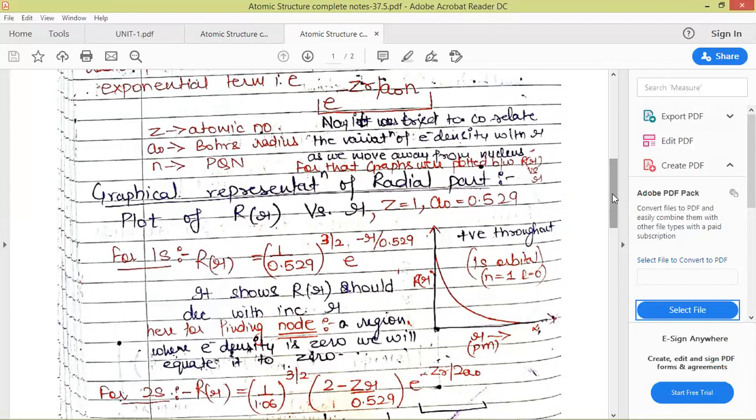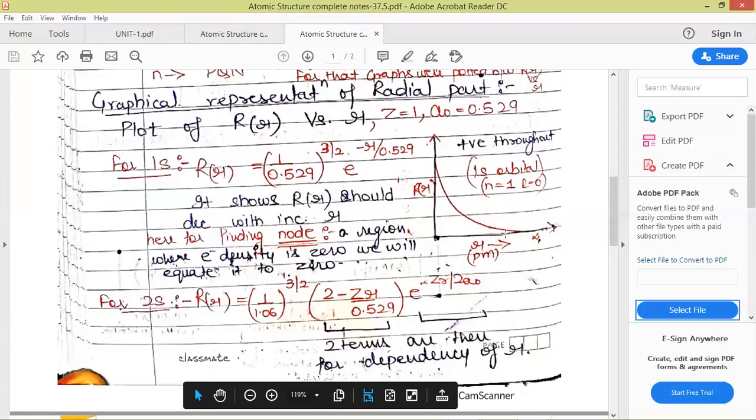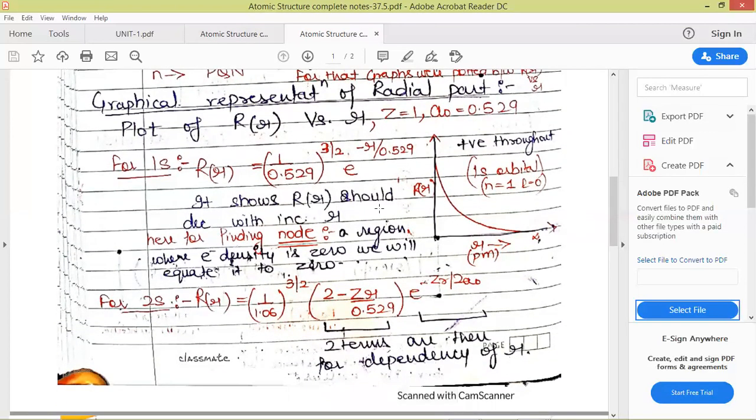So let us plot the radial part, capital R, of the wave function against radius. If we plot the radial part on the y-axis and radius on the x-axis, we'll get an exponential curve.